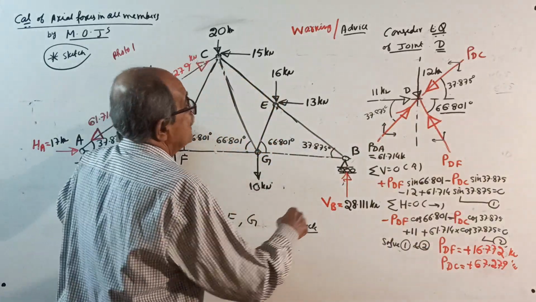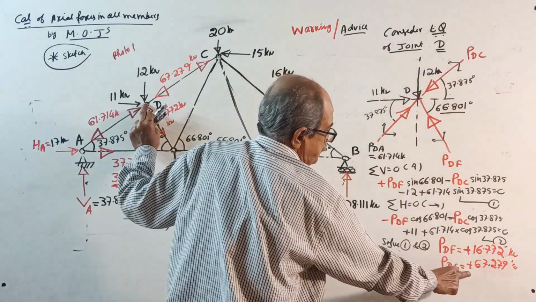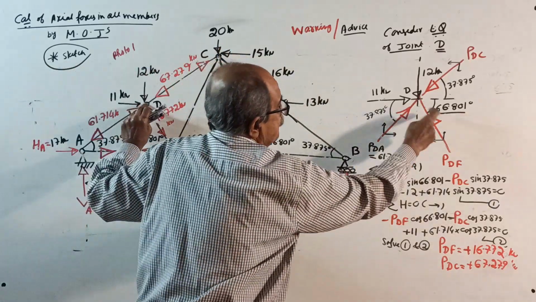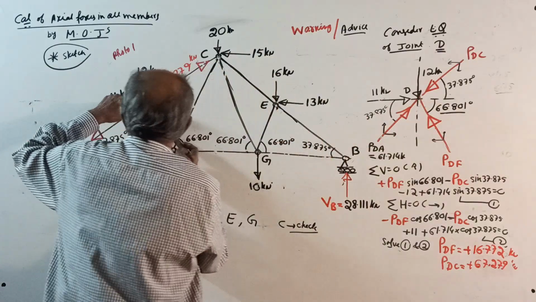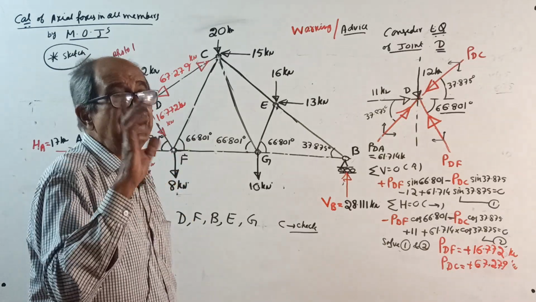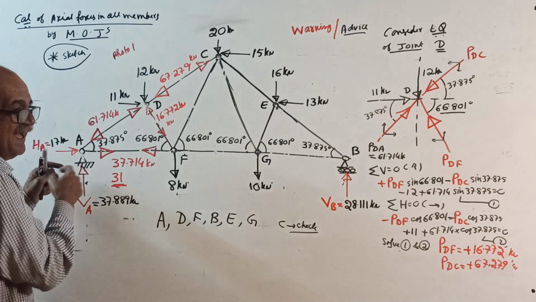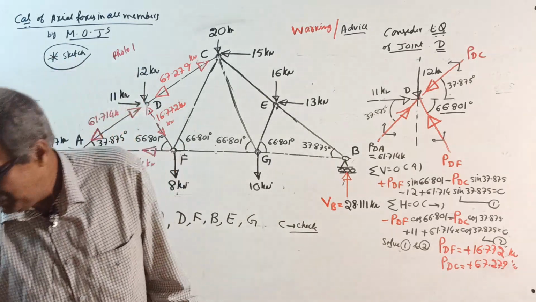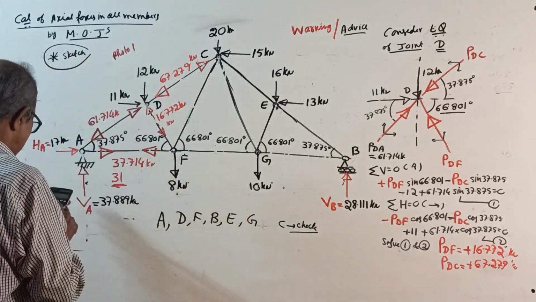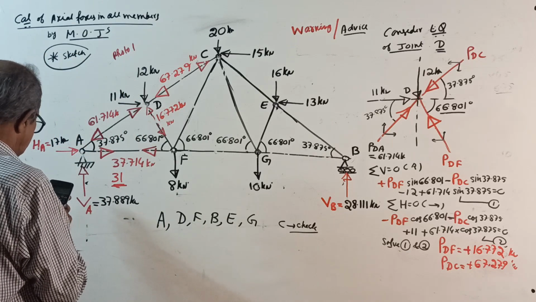Now apply here. See, PDC we took like this, positive came: 67.279. PDF we assumed like this, positive came. Okay, now one more thing. Due to light problem, checking this joint is so easy for me. I directly gave the answer: 37.889 divided by sine of 37.875.